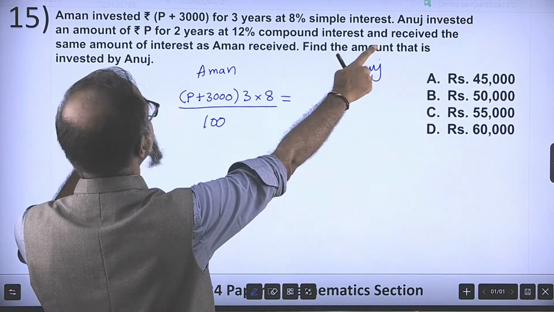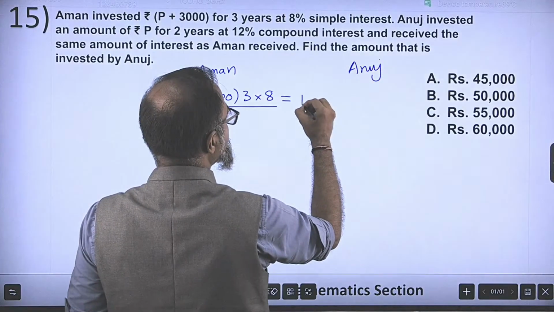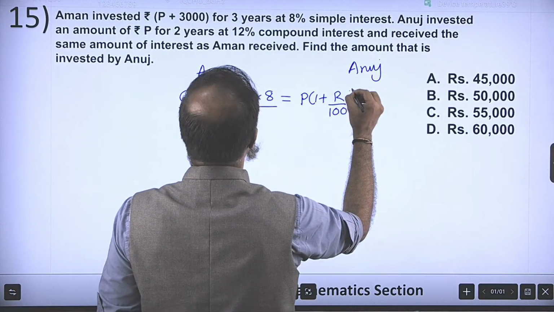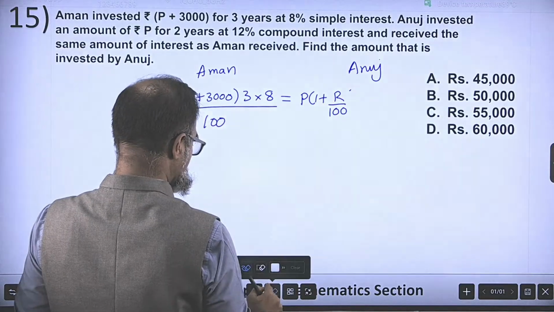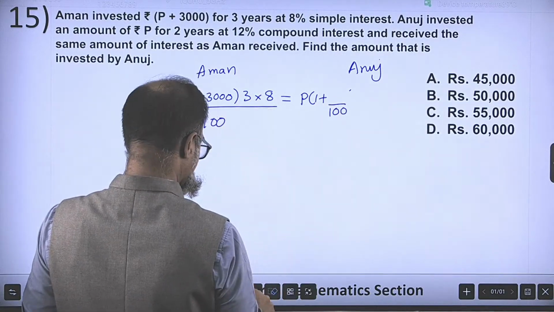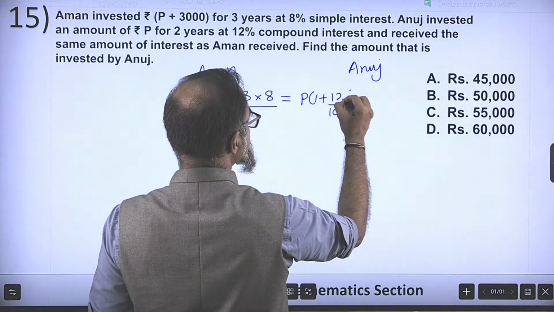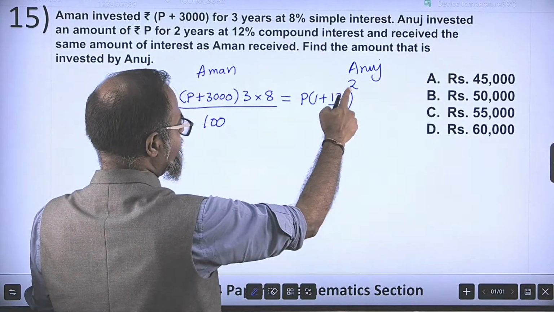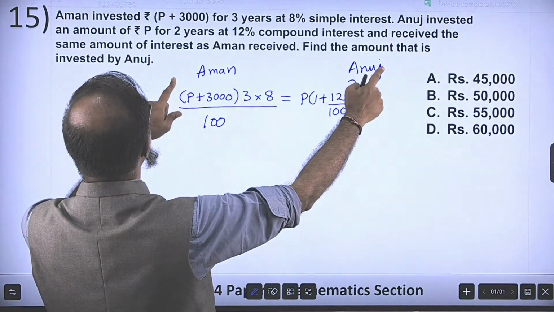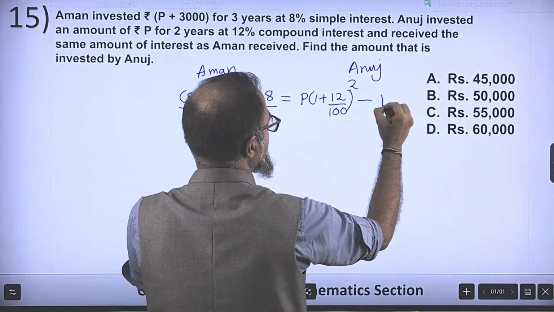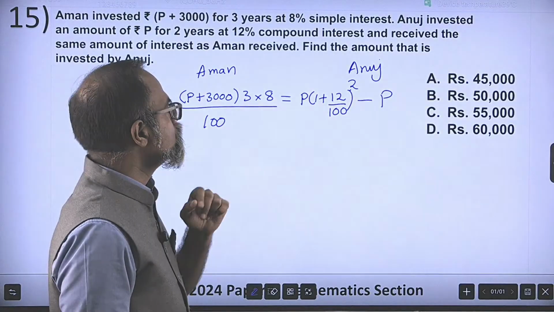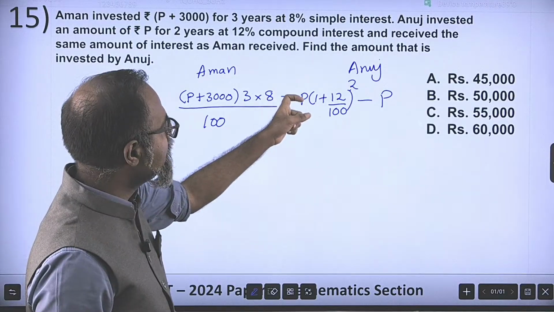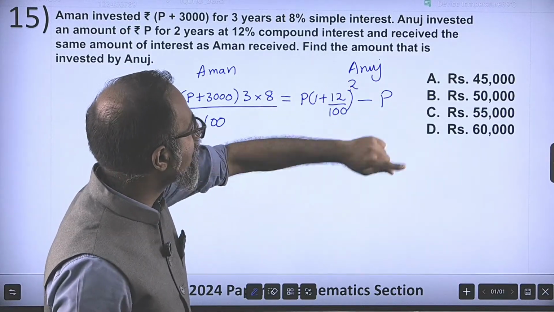So he invested an amount of P. So P into 1 plus R upon 100, and R here is given the value of 12%. Right? So P into 1 plus 12 upon 100 for time period of 2 years. But I need to equate the interests. So subtract the P from it. So P plus 3000 into 3 into 8 upon 100 is the same as P into 1 plus 12 upon 100, the whole square minus P.